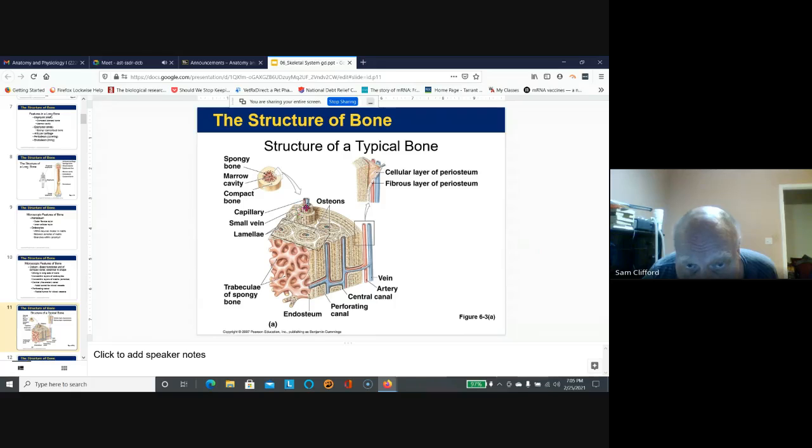The basic building block of bone is called an osteon. It contains a central canal with blood vessels and nerves, and layers and layers called lamellae that are built by osteoblasts. Bone is living tissue. Notice that it's obviously full of blood. Anybody who's ever broken a bone knows there's a nerve there.